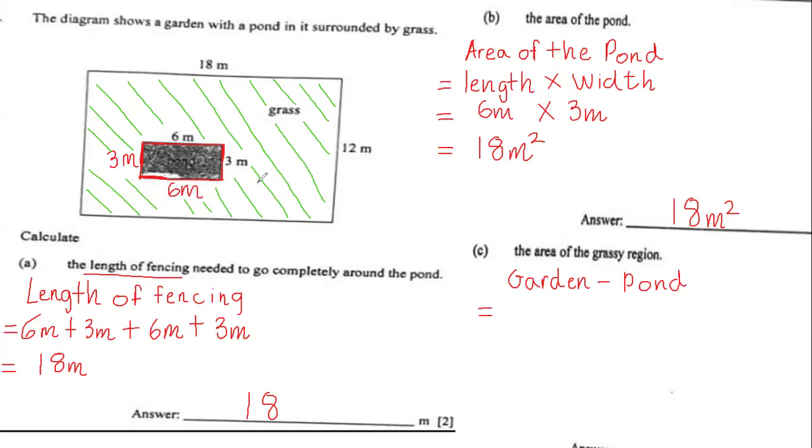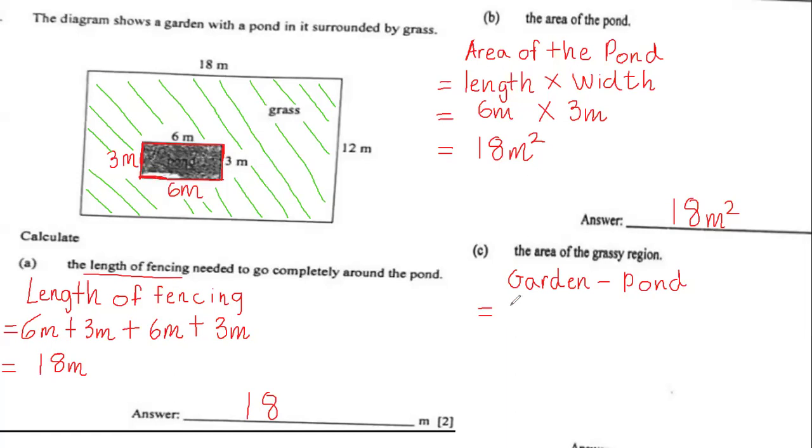Multiplication. We're trying to find the area of the garden. Multiply what numbers? 18 by 12.